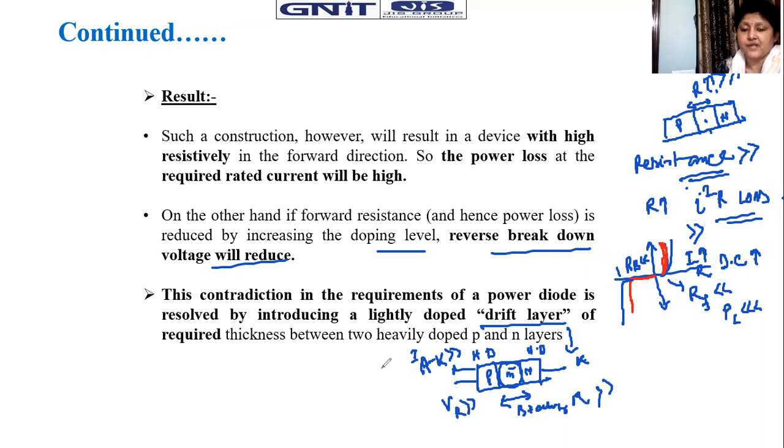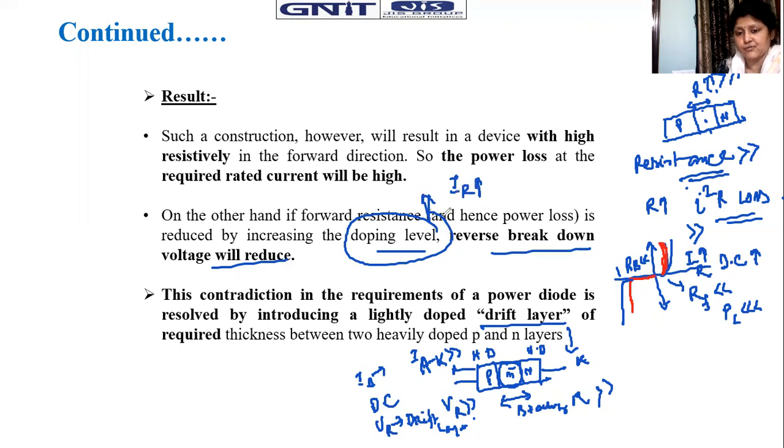In this way, current rating can be accomplished through the doping concentration, and voltage rating can be enhanced by introducing the extra drift layer. That's the observation: if the doping level is high, the current rating is high, but the voltage rating will fall down.